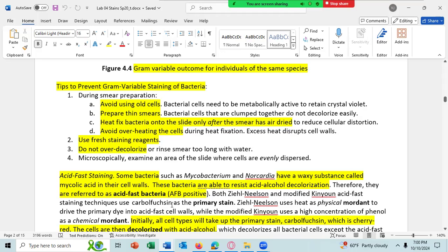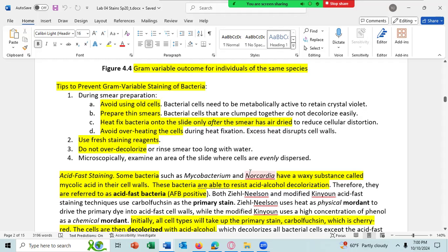Some bacteria, namely species of the family Mycobacterium and Nocardia, have a waxy substance called mycolic acid in their cell wall. These bacteria are able to resist taking up the dye. The Mycobacterium resist taking up the gram stain. They do take it up, but they'll stain lighter than a normal cell. The Nocardia, as far as I know, stain fine under the gram stain.